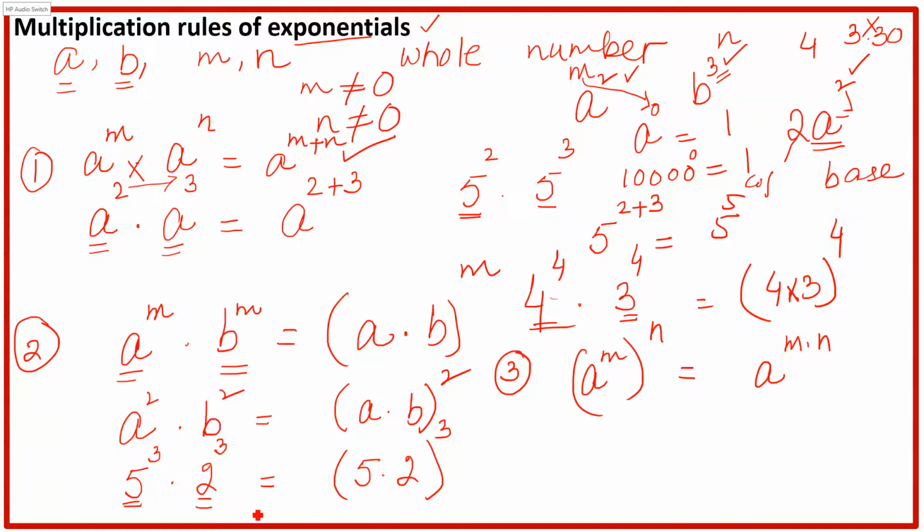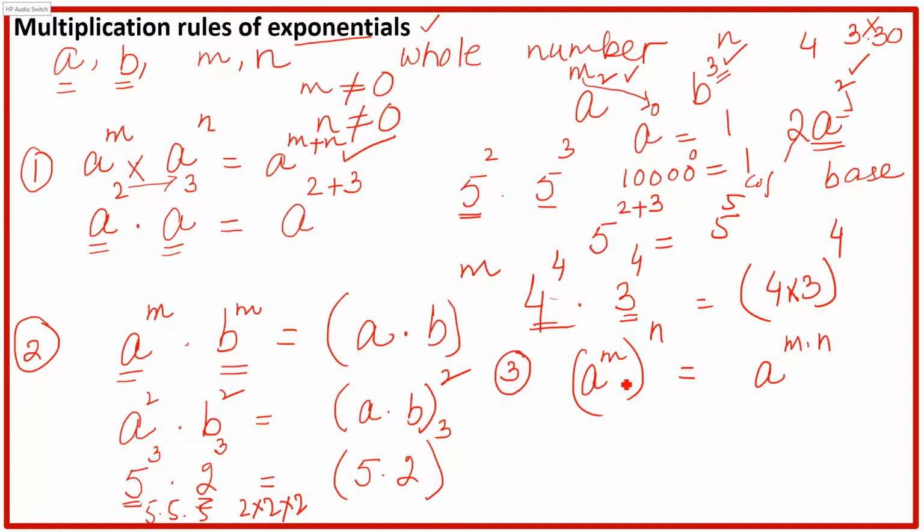It means you have 2 three times: 2 multiplied by 2 multiplied by 2. 2 2 times is 4, 4 2 times is 8. Keep in mind, 2 raised to power 3 does not mean 2 3 times is 6, or here 5 3 times is 15. No, you have 5 three times: 5 multiplied by 5 multiplied by 5. 5 5 times is 25, 25 5 times is 125.